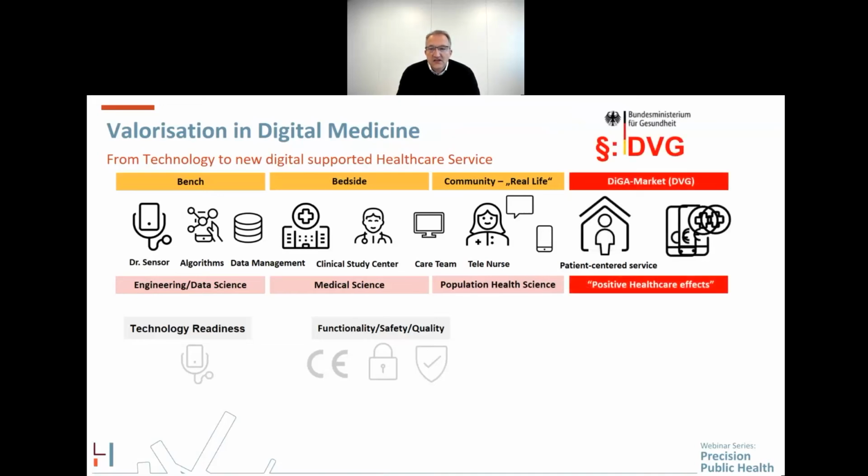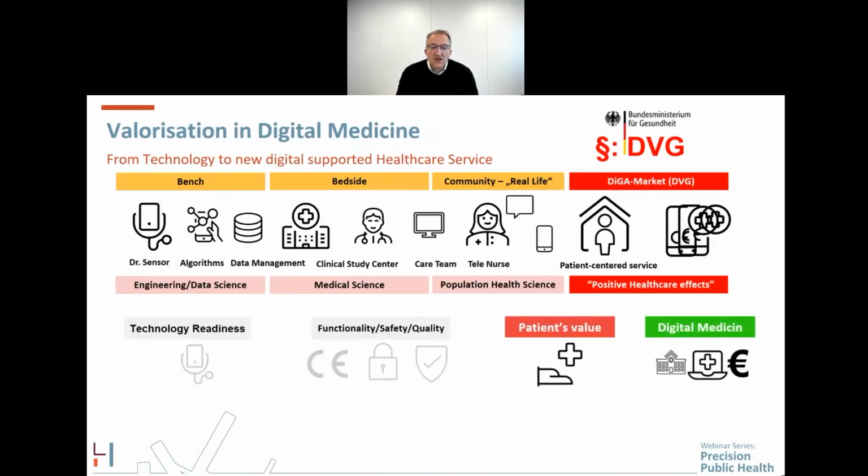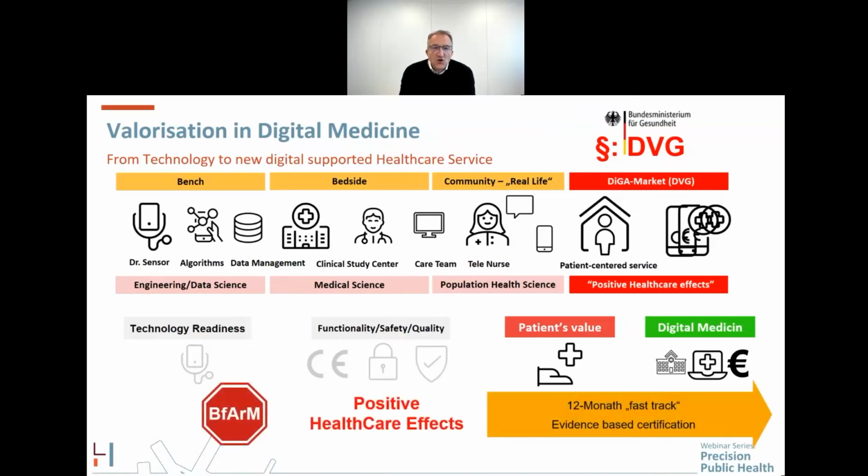And I have to tell you that in Germany there's a new law that allows these kinds of apps to be reimbursed by the healthcare insurance if they show a patient value, and then they get access to the digital health market. This is called the German DiGA process, or the digital health application. And all you have to show is that the application, which could combine PROM and PREM and objective outcomes by sensors, has actually a positive healthcare effect.